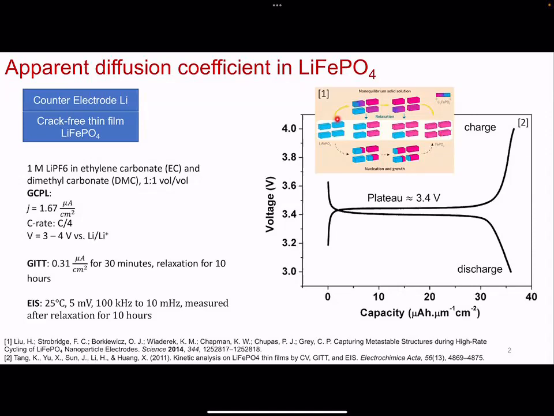What you can do is bypass it and achieve fast charging, and you get this metastable purple phase, which is a 1-phase solid solution. And then let's say you charge really fast, you stop the charging, you turn off the current, and then there's relaxation.